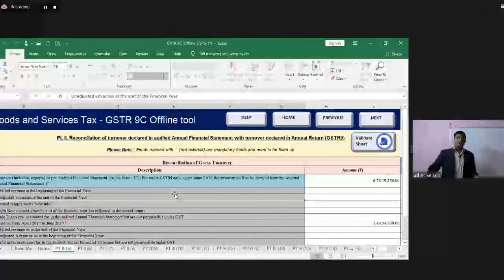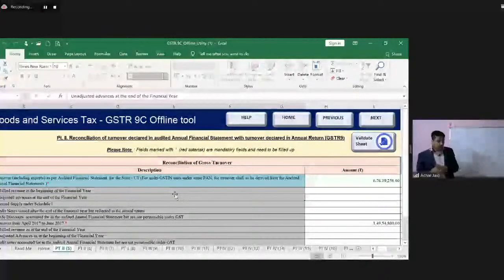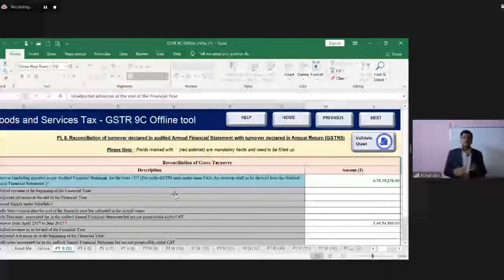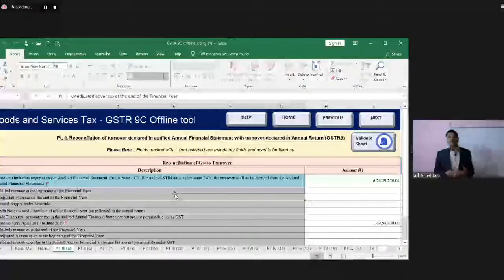So now we will look at how the turnover would be reconciled in respect of the number reported in the books of accounts vis-a-vis the GST portal. Similarly, the input tax credit, similarly the GST liability, or any additional liabilities which will arise because of any reasons in relation to the GST impact of the entity. Okay, so let's go one by one on this.